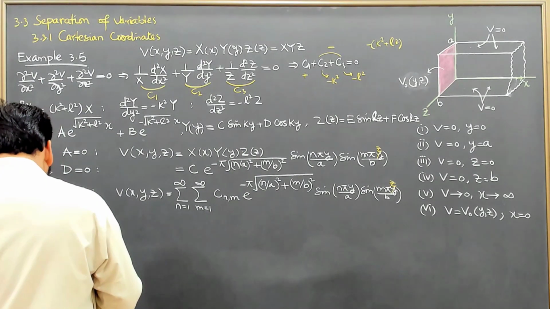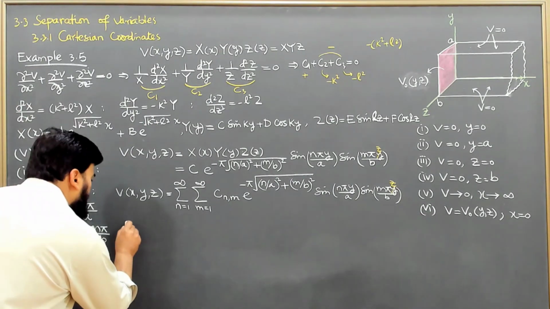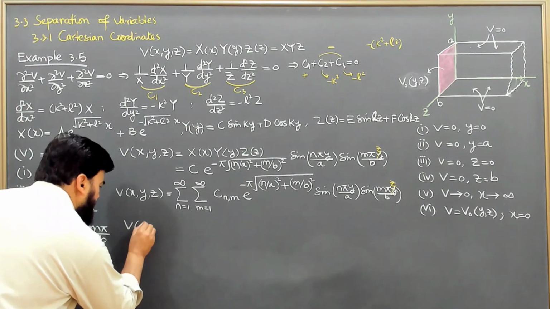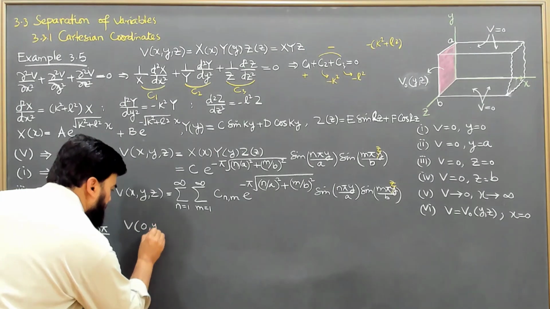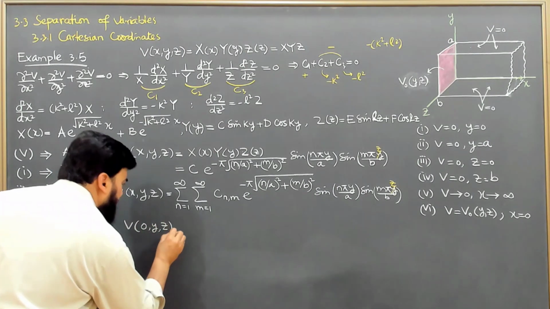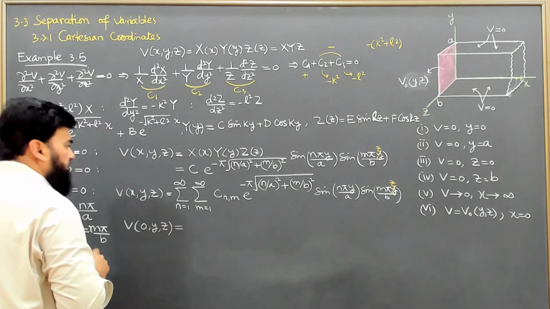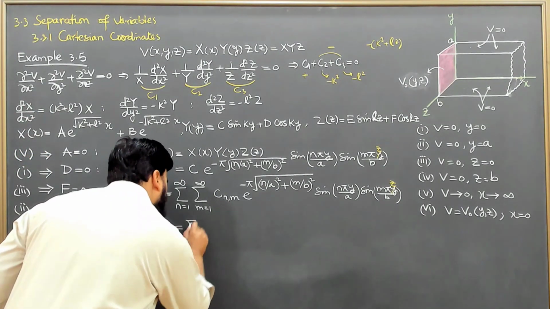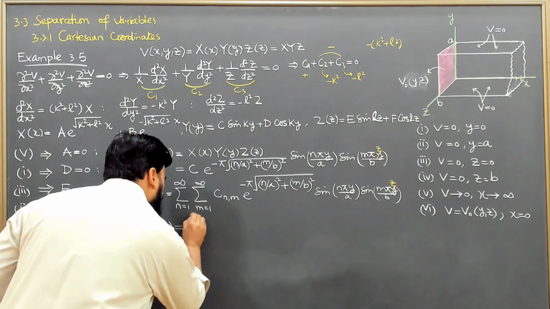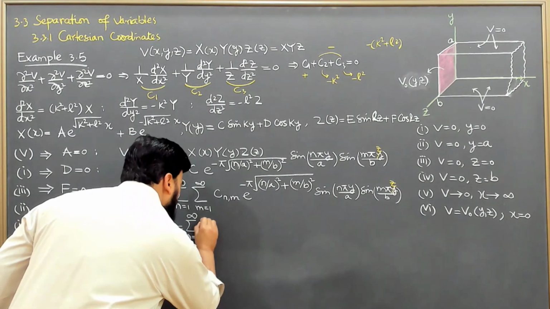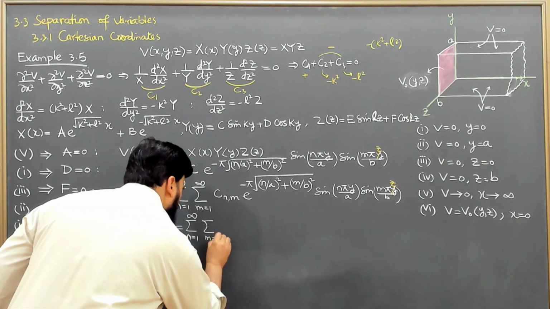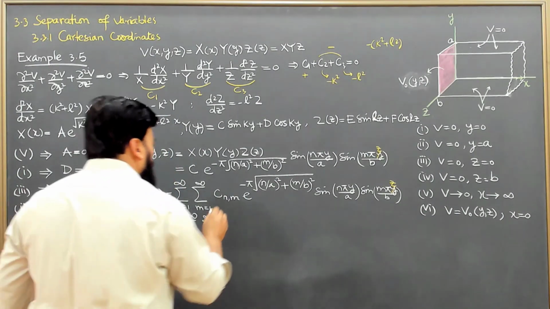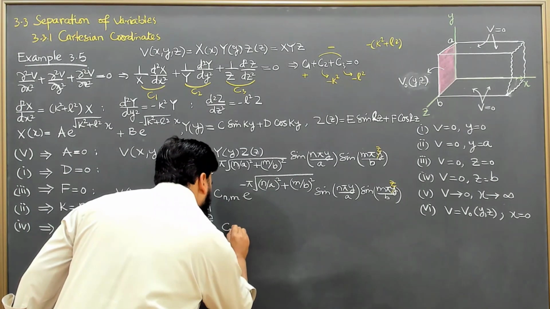So this means when x is 0 and y, z are there, then this is equal to the summation on both n and m of C_nm.